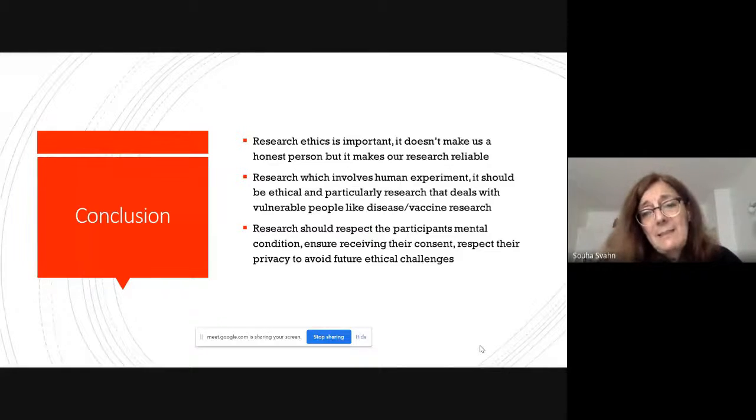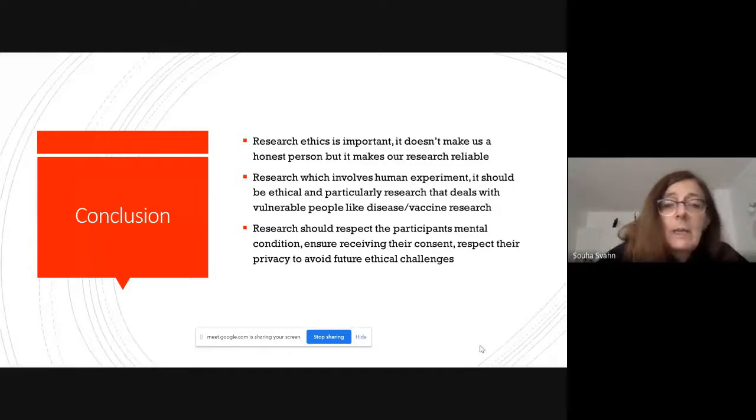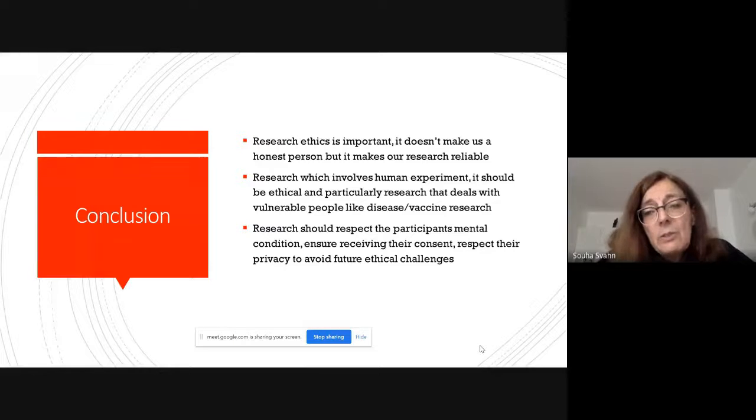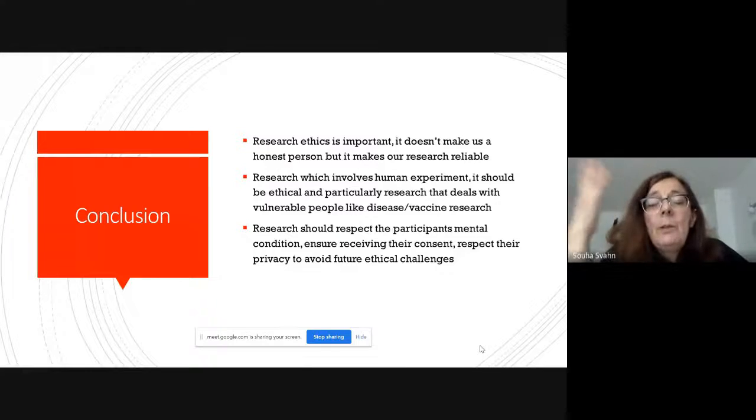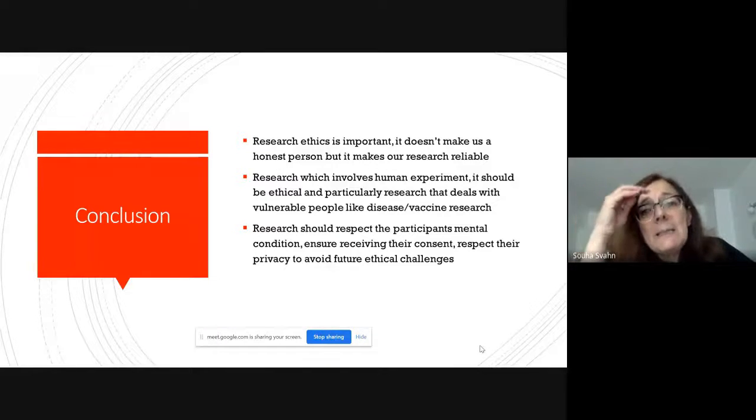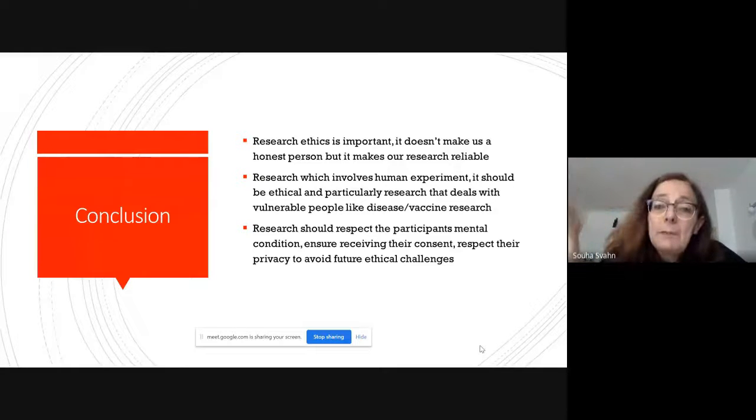research ethics is important. It doesn't make us honest men, but it makes our research reliable. As I already said, research which involves human experiments should be ethical, that's for sure. And particularly research that deals with weak or vulnerable people, especially if they are not in their full mental capacity. Sometimes they play with mentally handicapped people, and that's not fair.